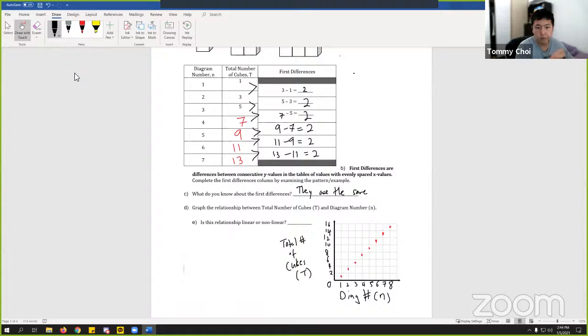Santiago, you there? Type something in the chat if you are there. Could you tell me, is this linear or nonlinear?